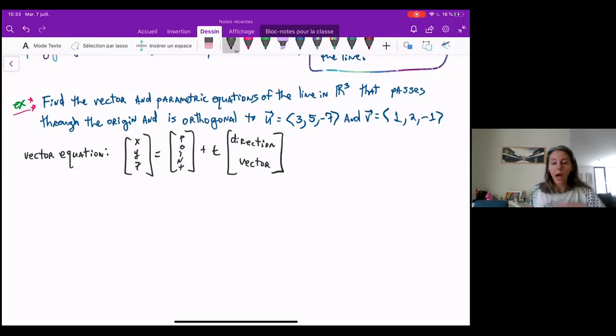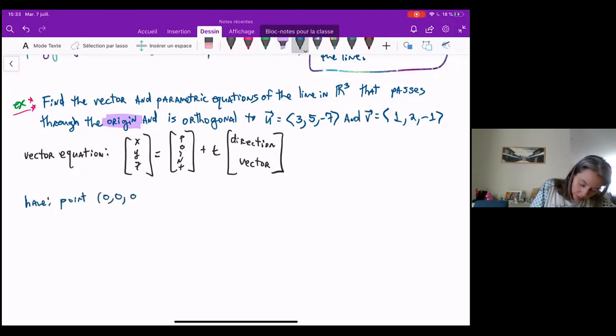So in other words, I need a point and a direction vector. It gives me the point. It says that it passes through the origin. Passing through the origin means that the point is the origin. My point is 0, 0, 0.